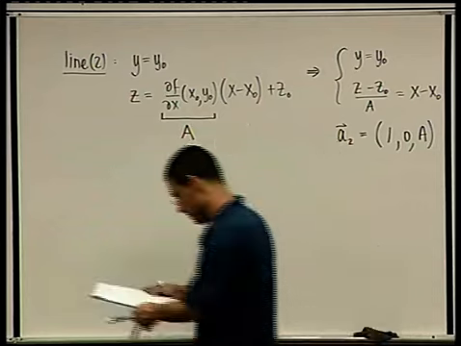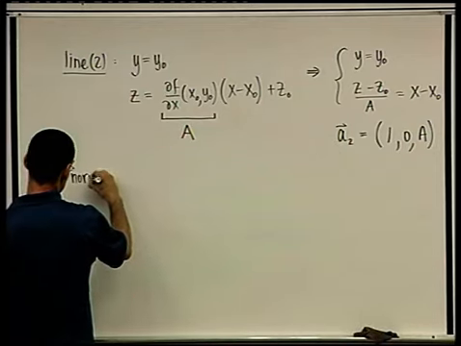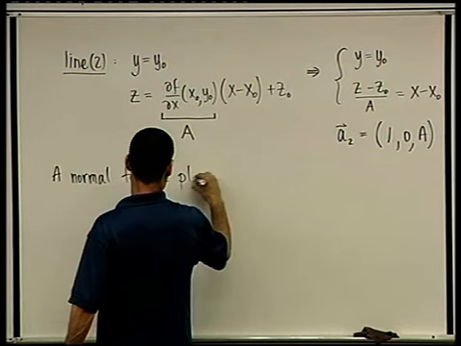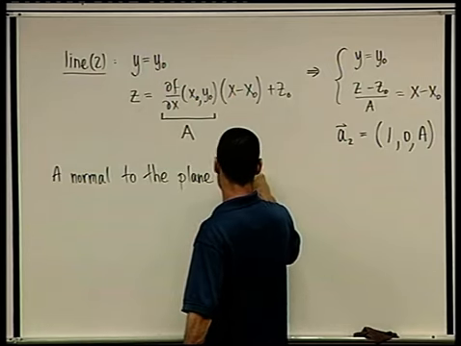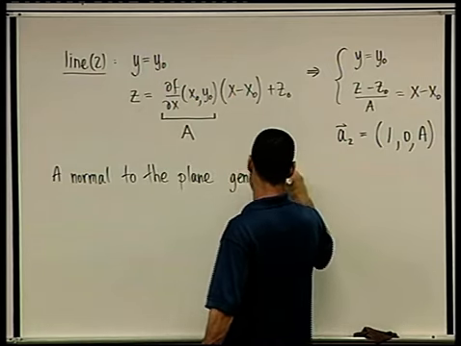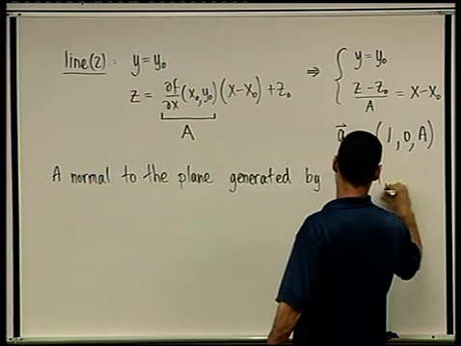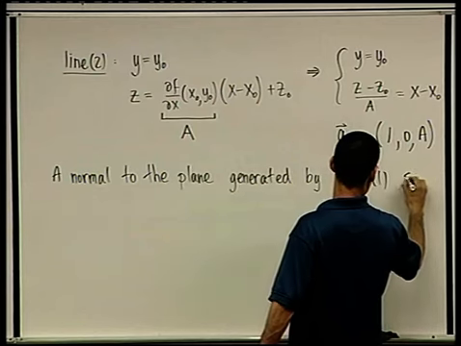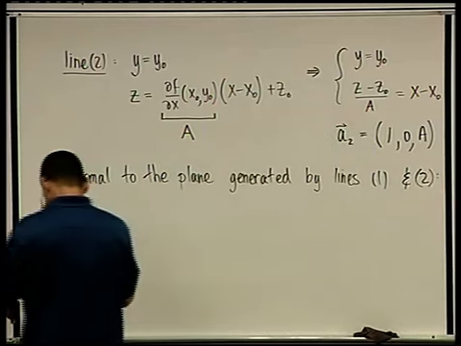Do you agree? Let's do that. So a normal to the plane generated by lines 1 and 2 would be what?